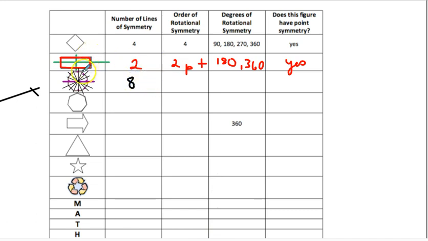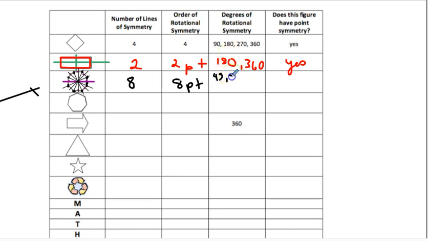Also, if I were to start to pick up this, it would overlap itself here, 1. It would overlap again here, 2, 3, 4, 5, 6, 7, and then get back at 8. So this has 8-point rotational symmetry. So that means at every 45 degrees, we are rotating. So you would write out all increments of 45 until you get to 360.